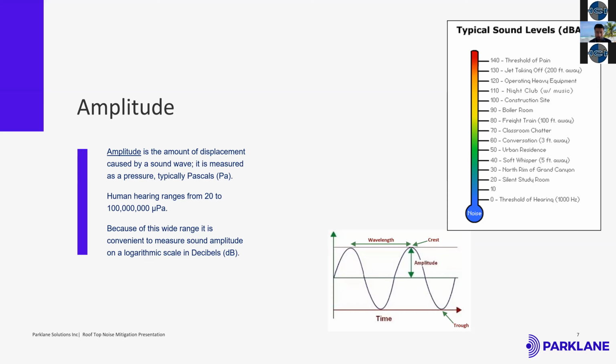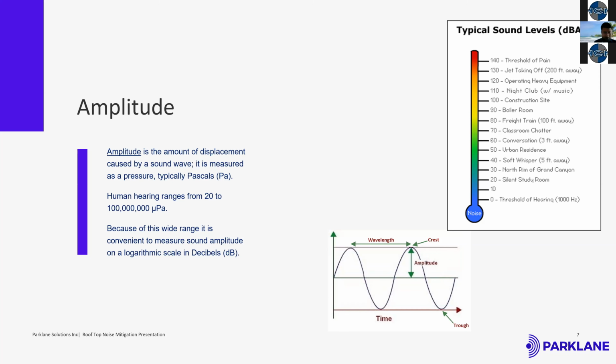The illustration shows a classic example of common equipment you would have seen in day-to-day life, and how much noise they produce. As you can see, a typical urban residence would be about 50 dB, whereas if you were in an airport hearing a jet taking off, it's about 130 dB.